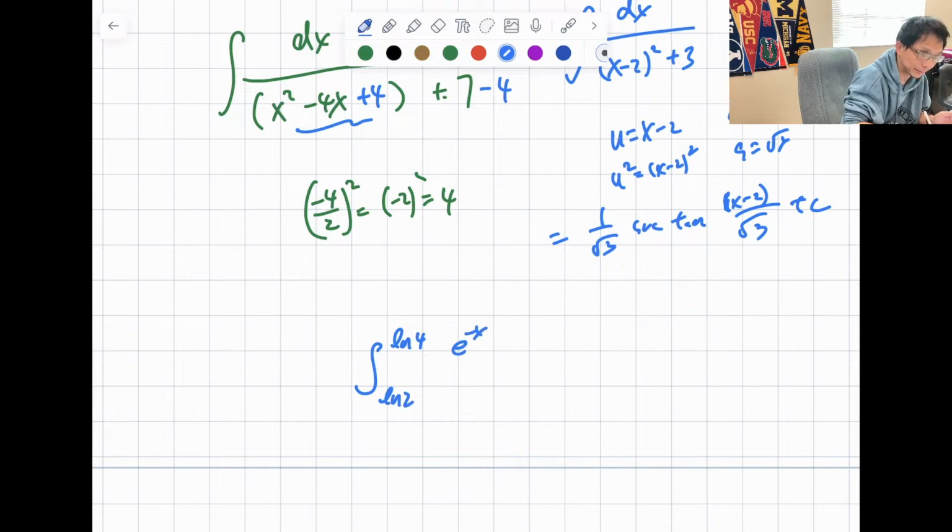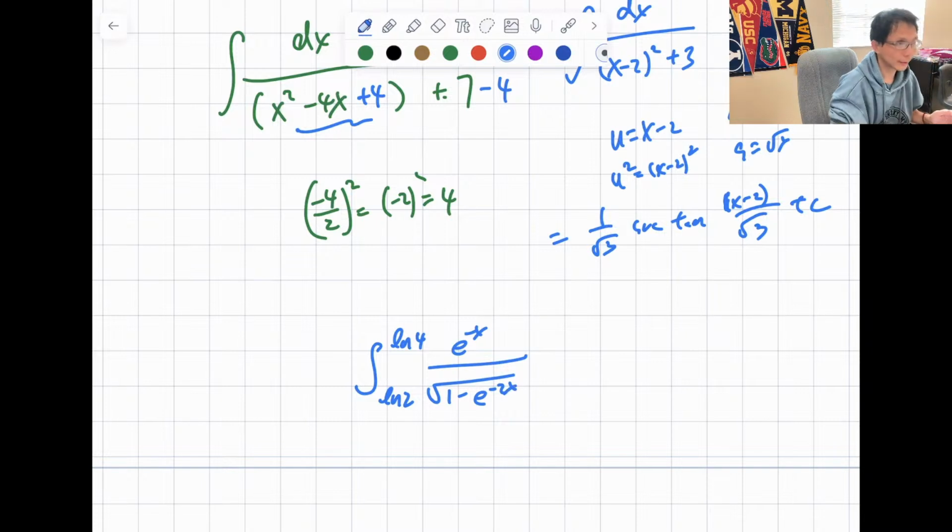Stop complaining. There are people who say I hate this. What's the top part, sorry? e to the negative x over root 1 minus e to the 2x.